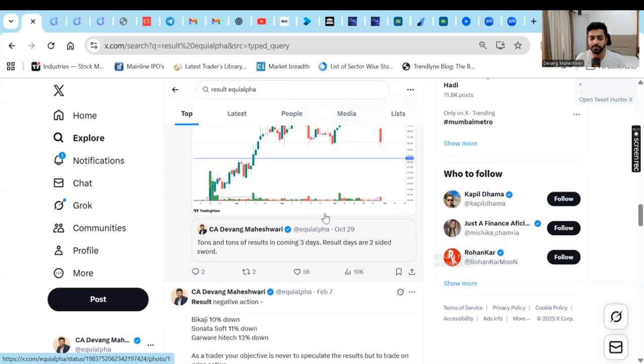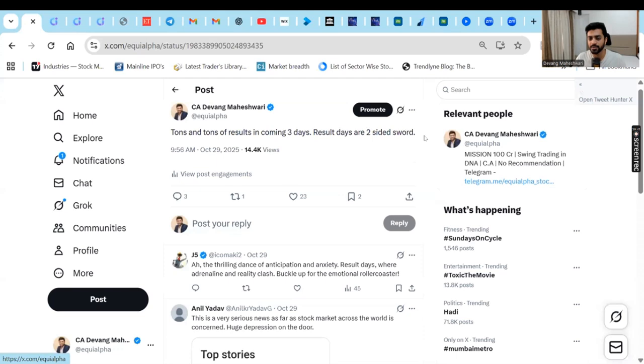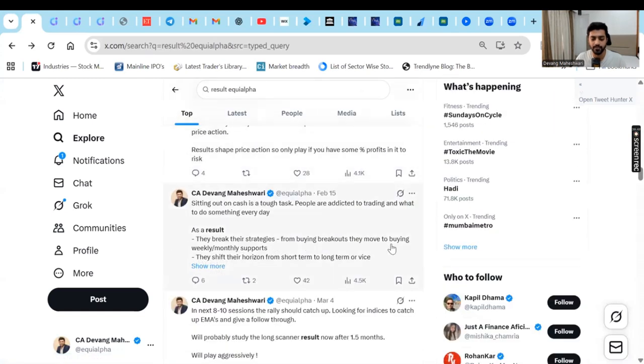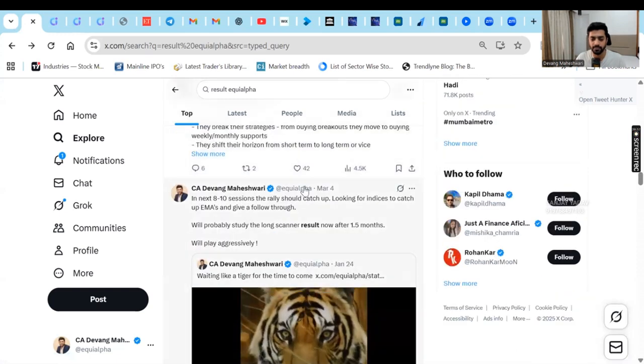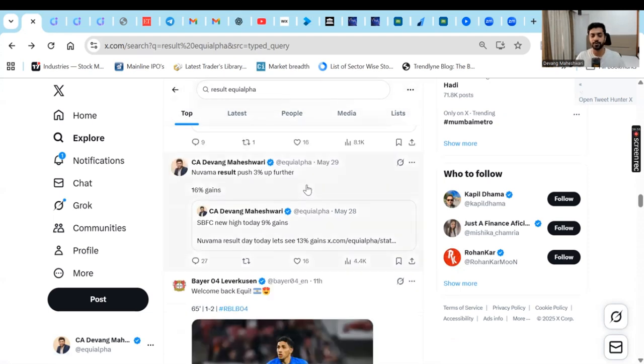Think carefully. Tons and tons of results coming in 3 days. Results are two-sided sword. Okay. Every result season I give few things on this. Okay. So this is how you handle up results, by being patient.